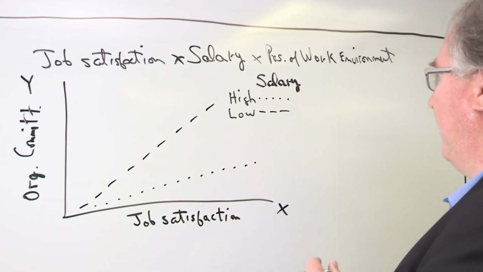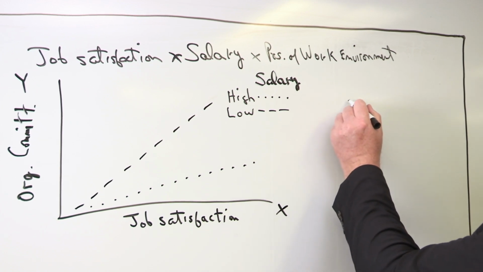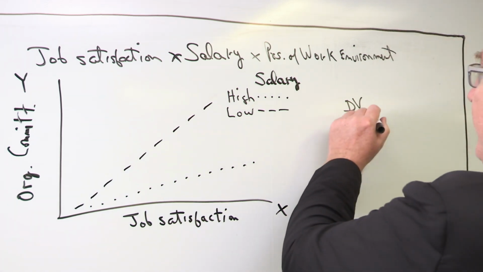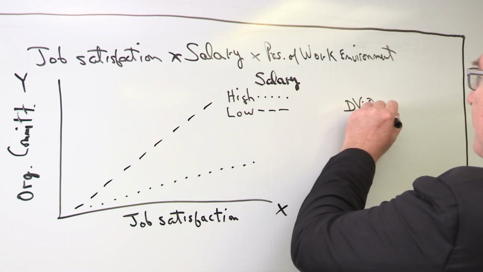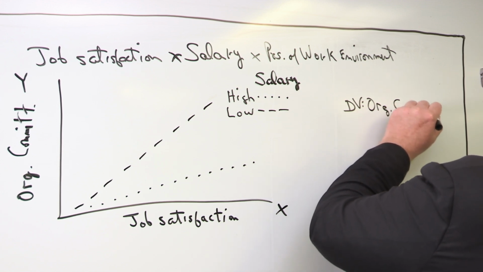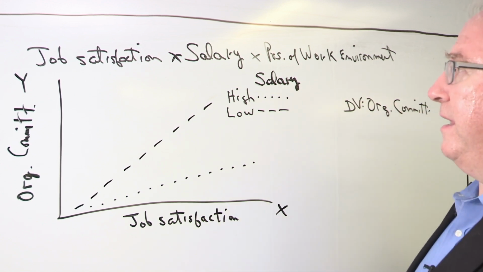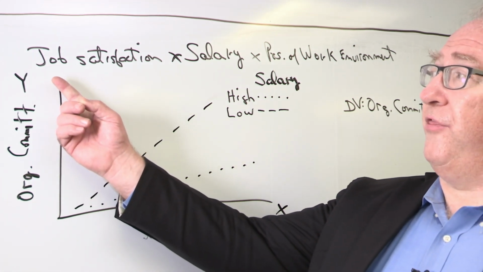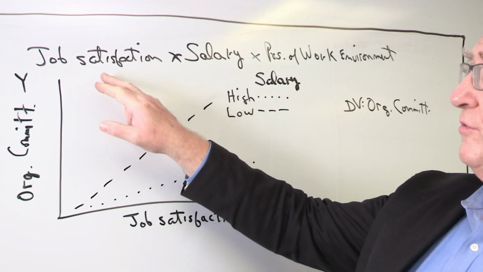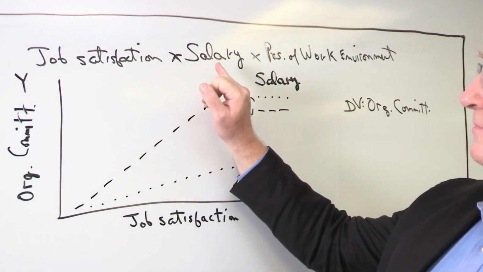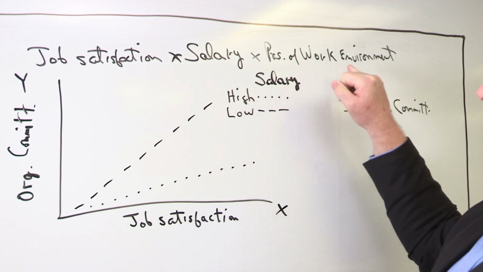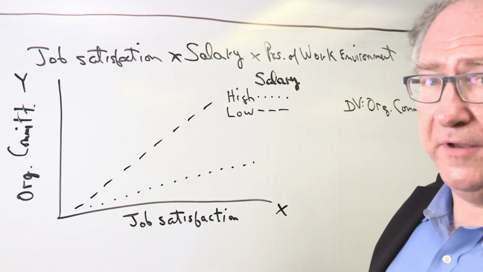Okay, and I'm going to move now where I talked about the dependent variable or the outcome variable. I'm going to move it over here. It's organizational commitment. Okay, so now we're going to take a look at a three-way interaction involving the predictor variables job satisfaction, by employee salary, by positiveness of the work environment.